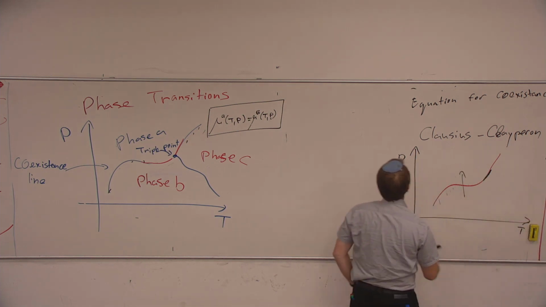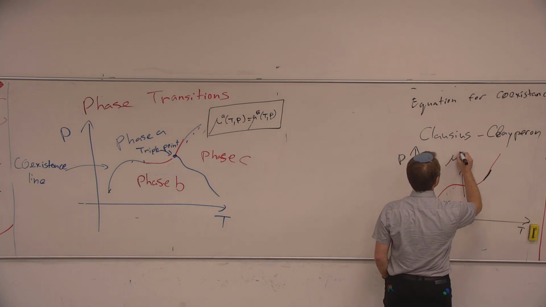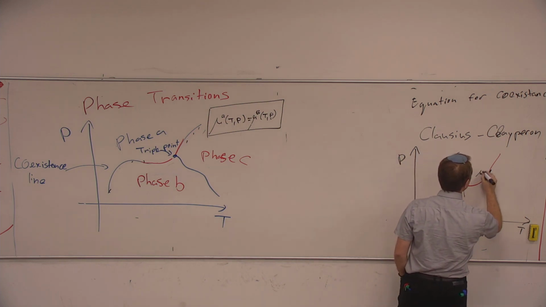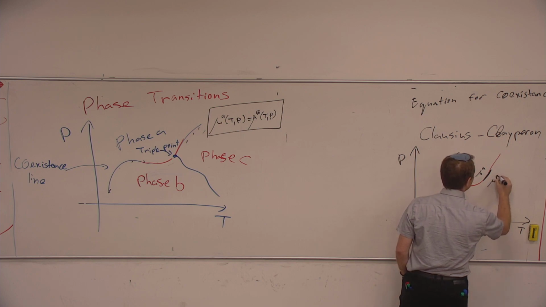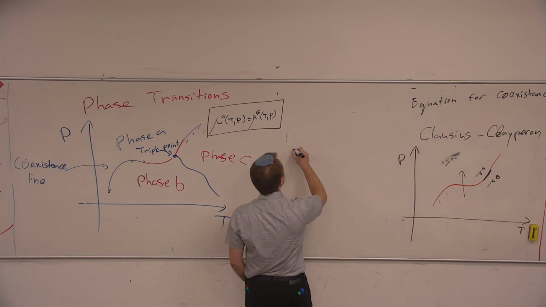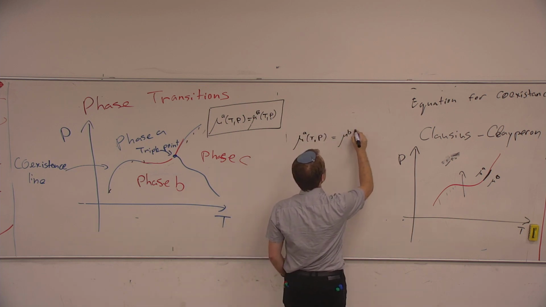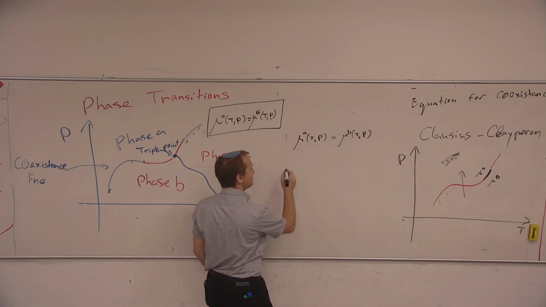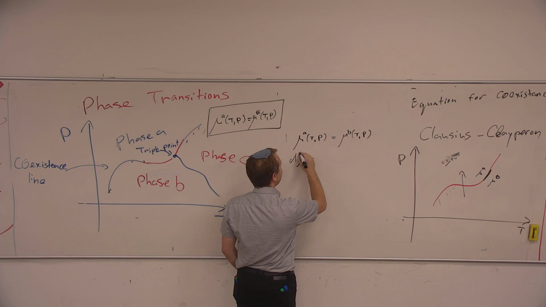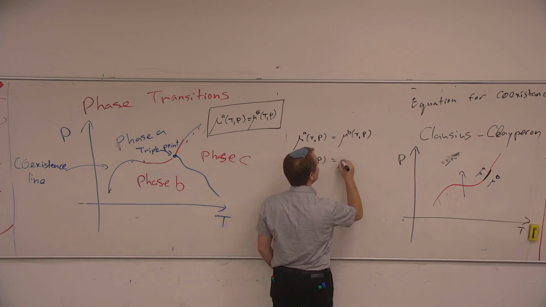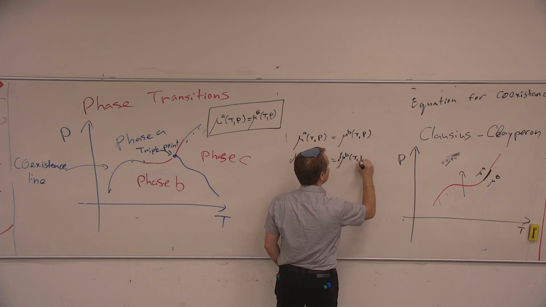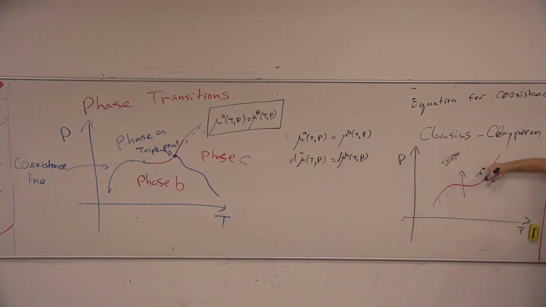Okay, so we know that mu A over here and mu B over here are exactly the same. Right? So mu A of T and P equals mu B of T and P. This means that d mu A of T and P equals d mu B of T and P. So basically I'm moving, this was my mu over here, and I shifted myself along this coexistence line from one position to another.